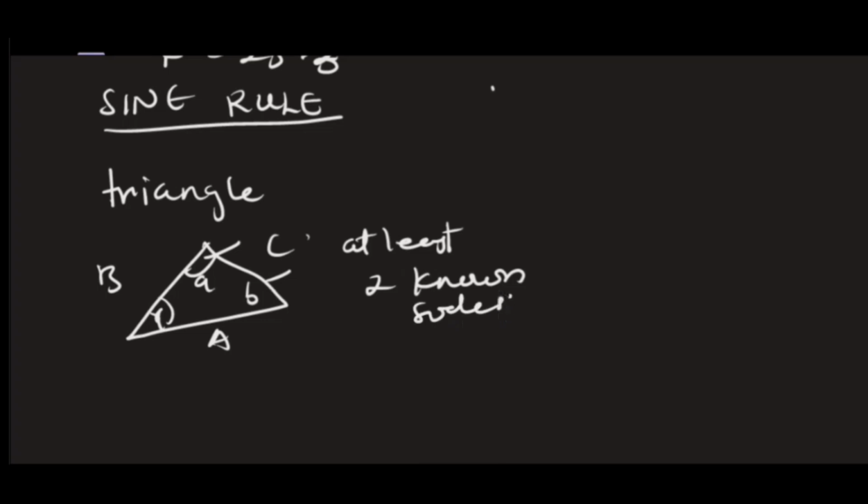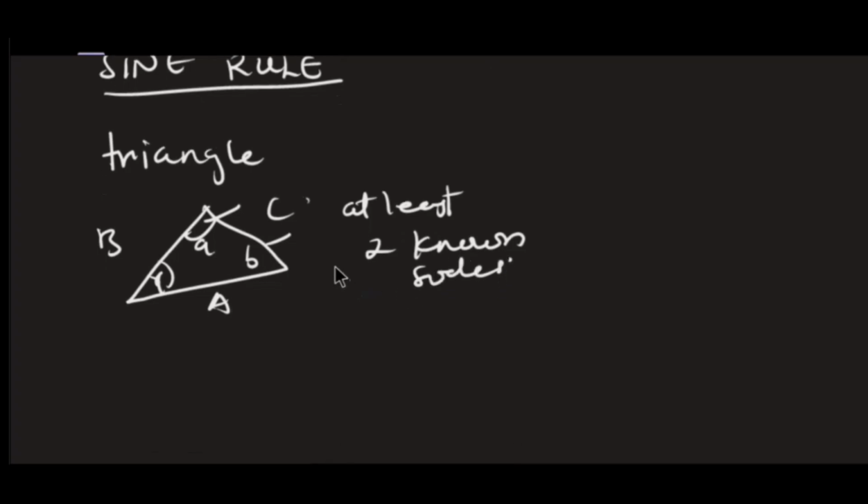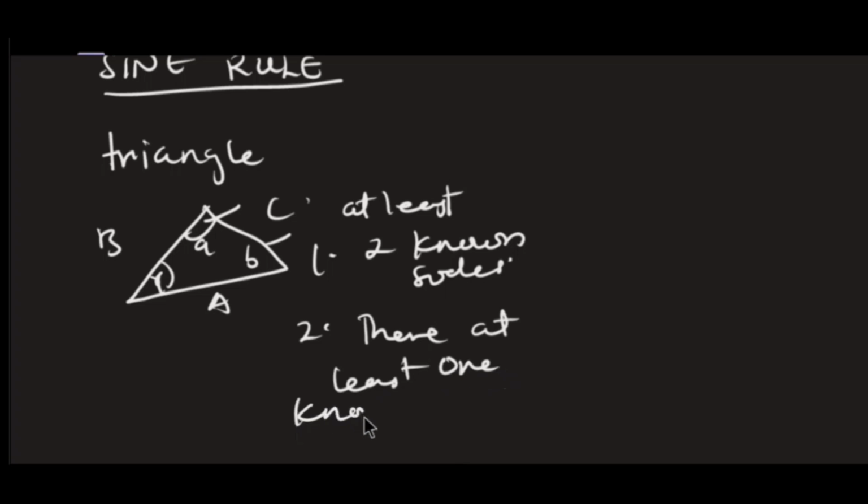So you should have at least two known sides of your triangle, for you to be able to use the sine rule. Then another condition is that there should be at least one known angle.